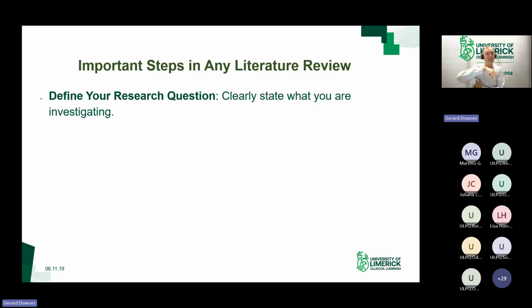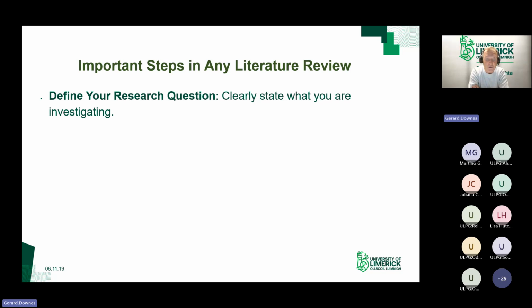It can go through so many different stages of refining and honing and changing up your research question. It's very unusual for someone to come into a PhD with a research question and then for that to be the final research question that they are going to deal with.